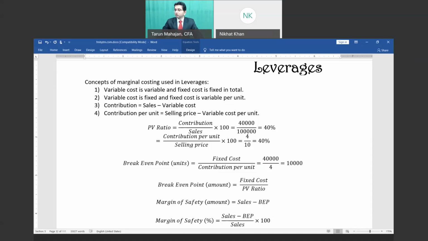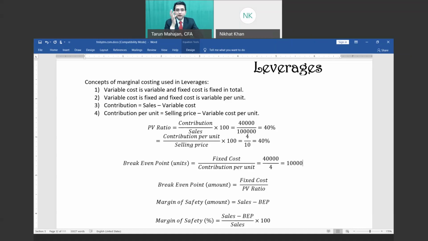Suppose I am into the business of manufacturing and selling stationery. So I manufacture this pen and cost to manufacture this pen is rupees 6, while selling price of this pen is rupees 10. What does it mean? I'm getting a profit of rupees 4, which is actually named as contribution per unit. By manufacturing and selling one pen, I'm getting contribution of 4 rupees.